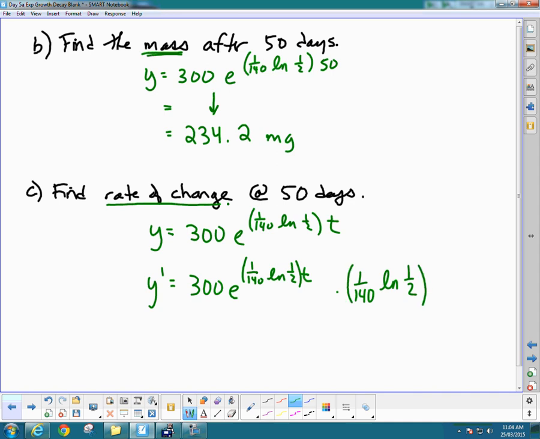Anyway, back to what we're doing here. The derivative of this is itself times the derivative of the exponent. The exponent is really just like a 7t, so the derivative of 7t would be 7, except instead of 7, it's this number, 1 over 140 ln 1/2. Now we can sub in 50.